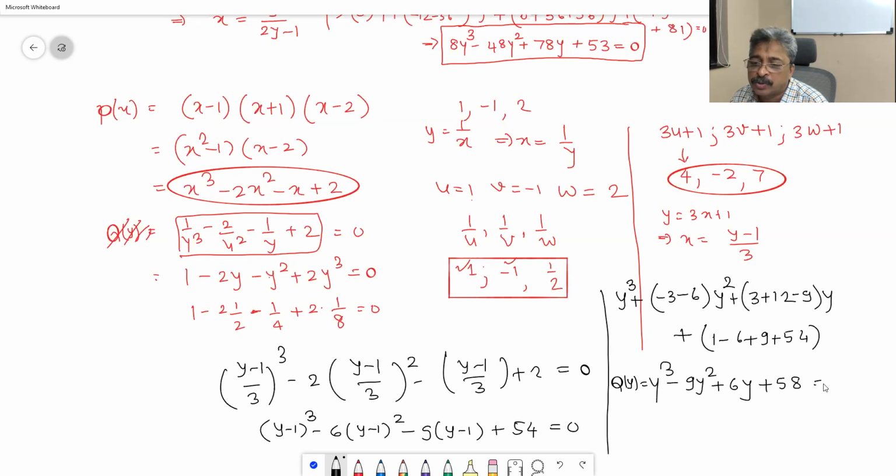Is equal to 0. Okay. And then what roots have we found out? Let us check 7. Okay. If 7 works, then everything else will. Or let us check minus 2 first. This is minus 8. Minus 2, that is 4. Now 36 minus 36. Minus 2 makes it minus 12 plus 58.